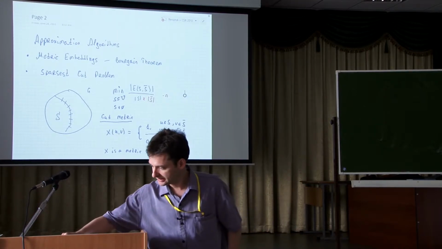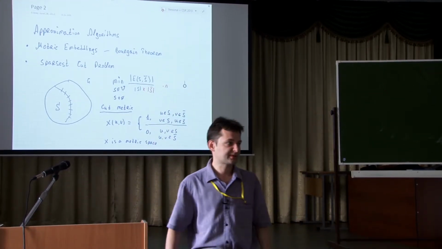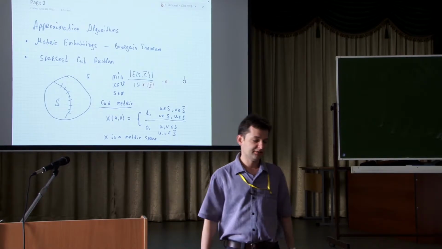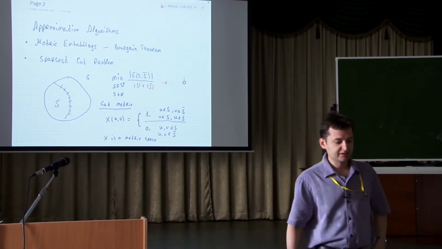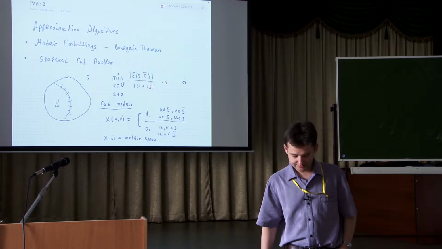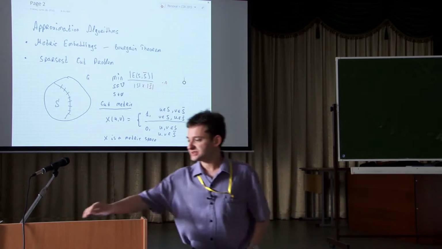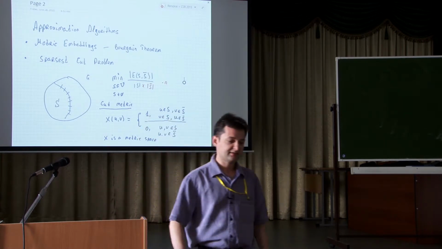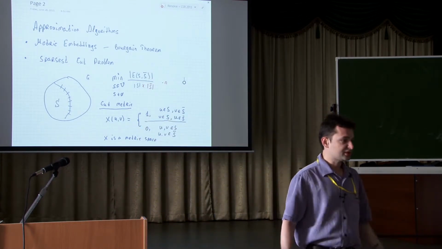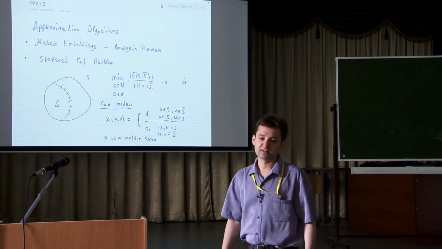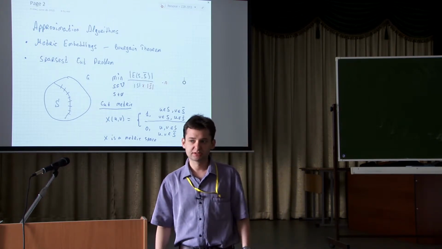Yesterday I started talking about approximation algorithms, and we discussed the traveling salesperson problem and the set cover problem. And just as a reminder, because I had questions yesterday after the talk, the main point of approximation algorithms is that we want to solve NP-hard problems.